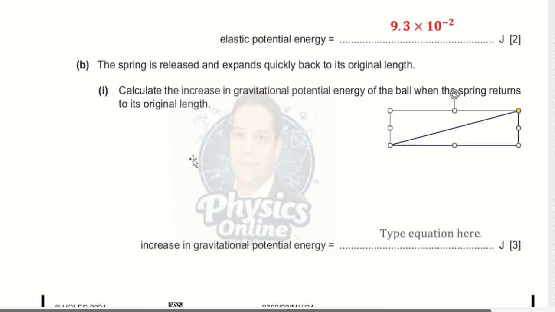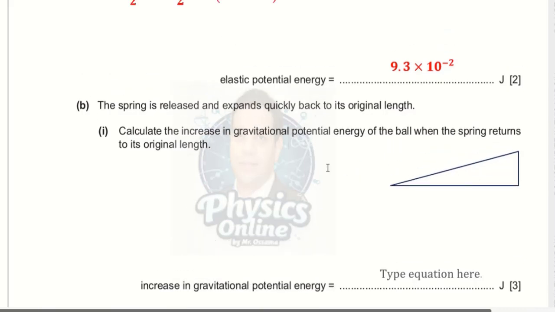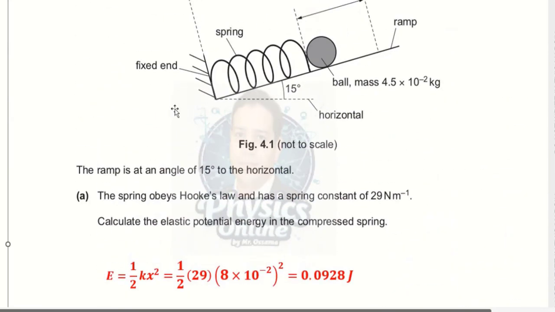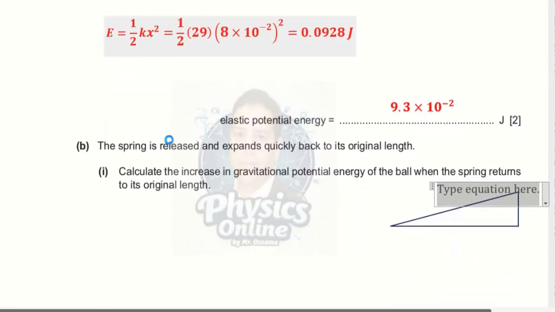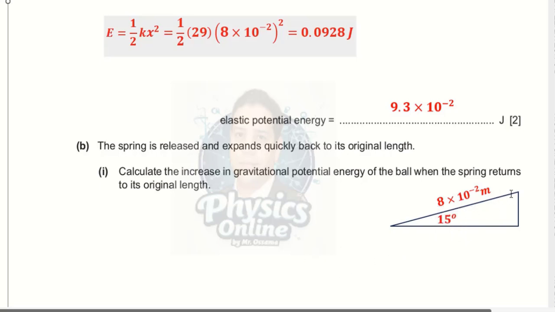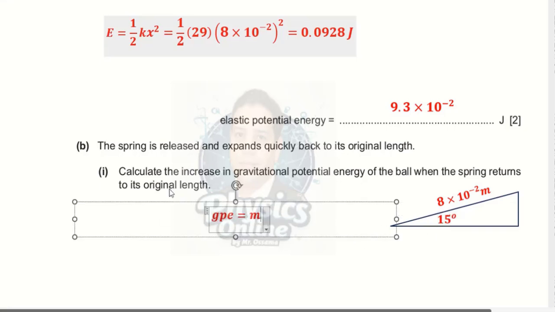If we draw this triangle, the hypotenuse is the extension here, and the angle here is 15 degrees. So the vertical height equals the hypotenuse times sine theta, 8 times 10 power negative 2 times sine 15.